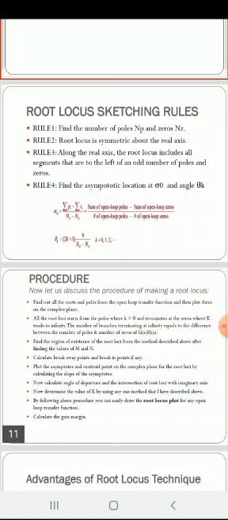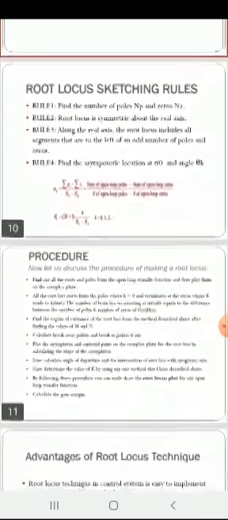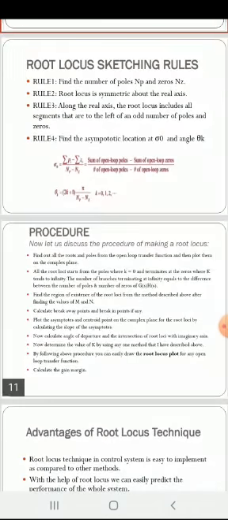Now calculate the angle of departure and the intersection of the root loci with the imaginary axis. Now determine the value of k by using any one method that I have described above. By following the above procedure, you can easily draw the root locus of any open loop transfer function and calculate the gain margin.